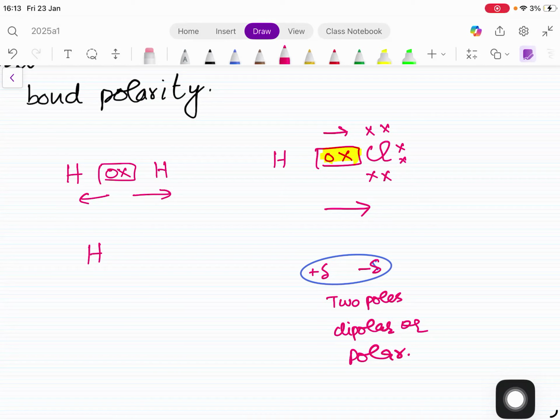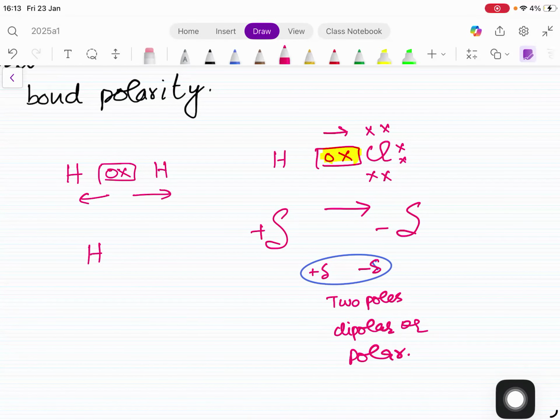So that side of the molecule gets a partial negative charge, represented by this symbol, and the other side is partial positive.